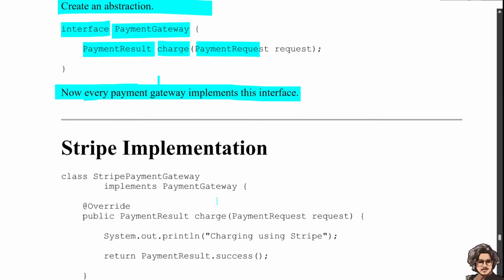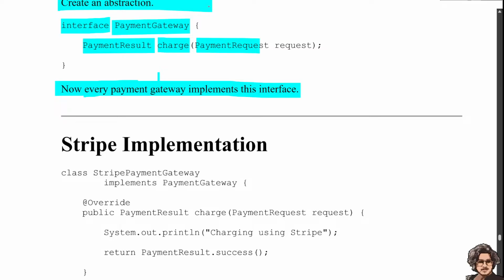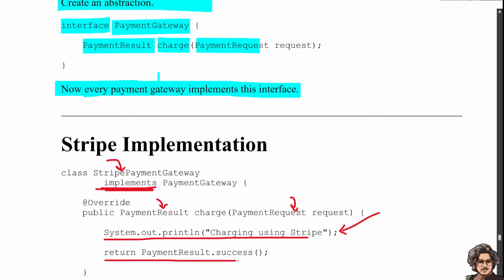So if I am using Stripe, class StripeGateway implements PaymentGateway, and overrides the PaymentResult charge(PaymentRequest) method. In that we do System.out.println using Stripe, and return PaymentResult.success.